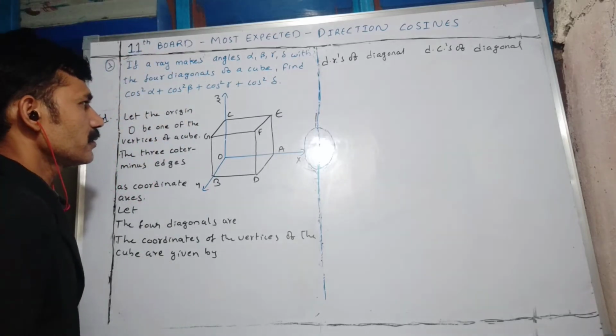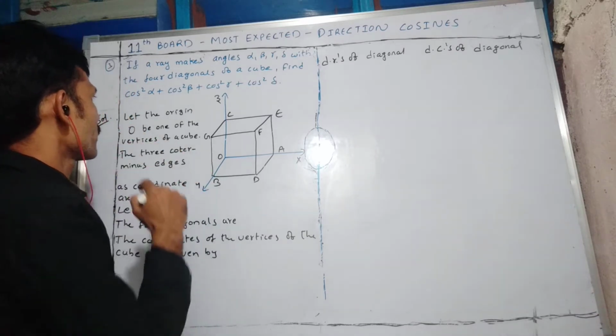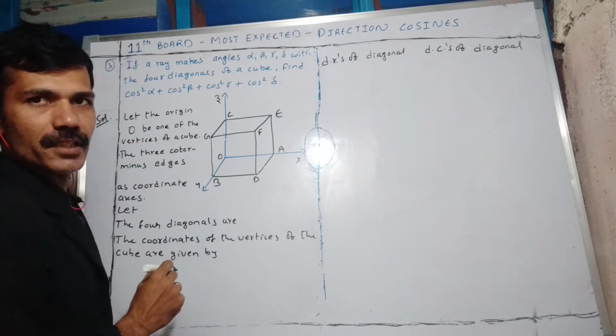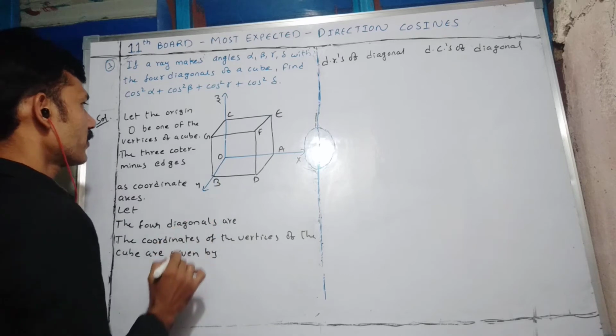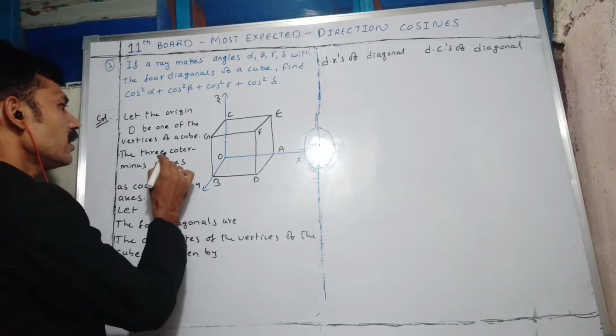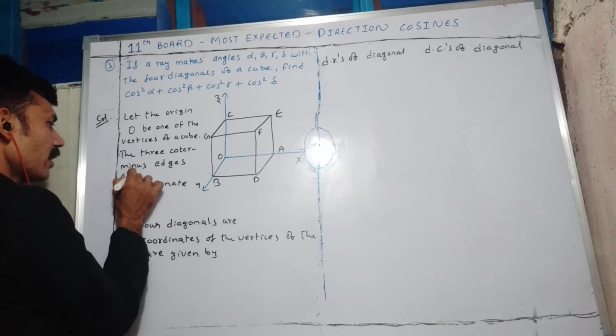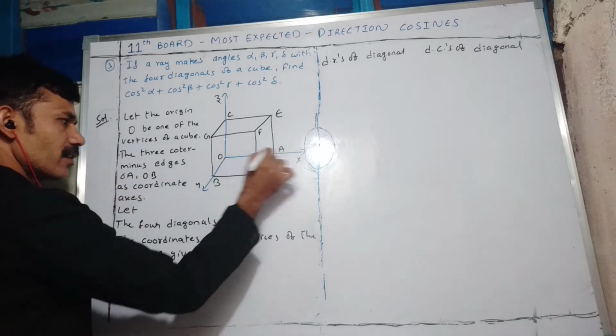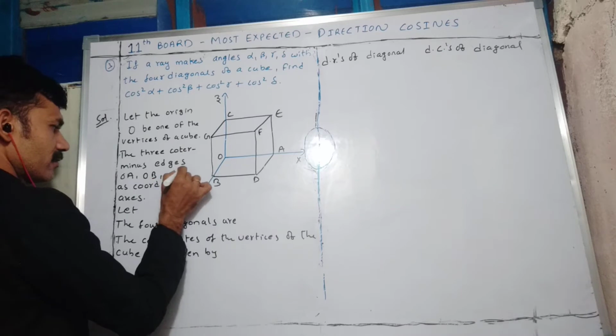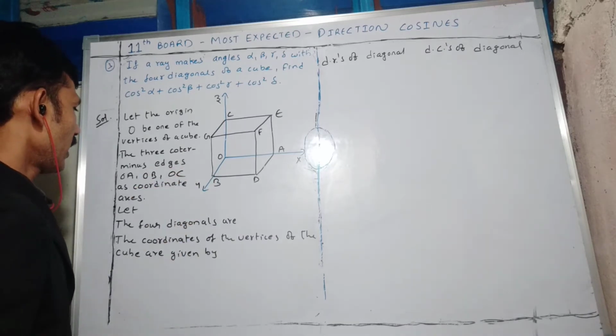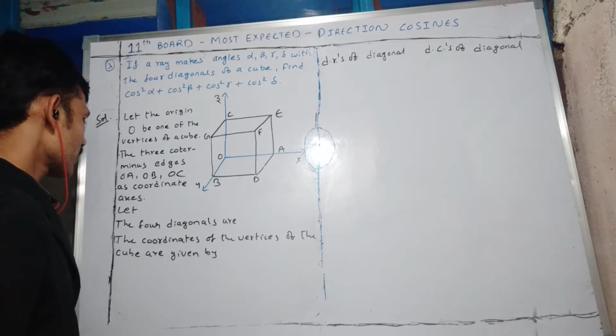Okay, so we will take a cube like this. Let the origin O be one of the vertices of a cube and the three outer edges be OA, OB and OC as coordinate axes.